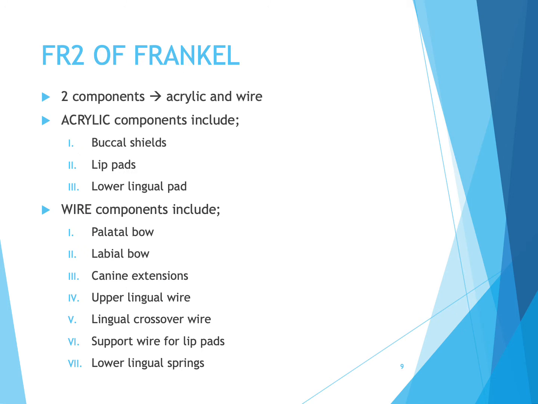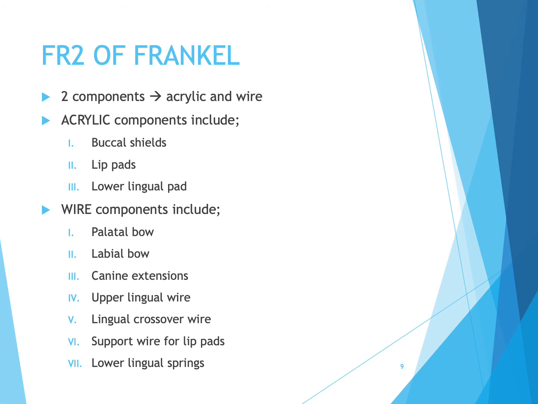Okay, now we will focus on FR2 of Frankel, which is the most commonly used appliance. It is used for treatment of class 2 division 1 and class 2 division 2 malocclusion. The FR2 consists of acrylic and wire components.